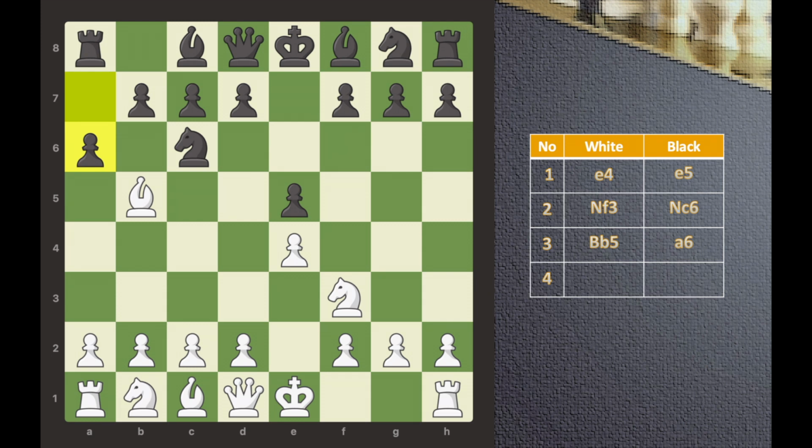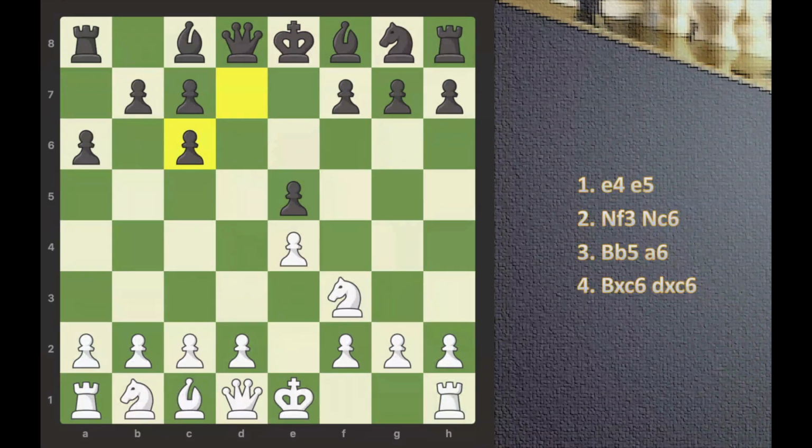Now let's say white decides to capture the knight. So the move number 4 is written as B cross c6, as the bishop is moving to the square c6. Then let's say black will capture back the bishop with the pawn. That can be written as d cross c6. You can see here the moves are written in two columns as white and black pairs.